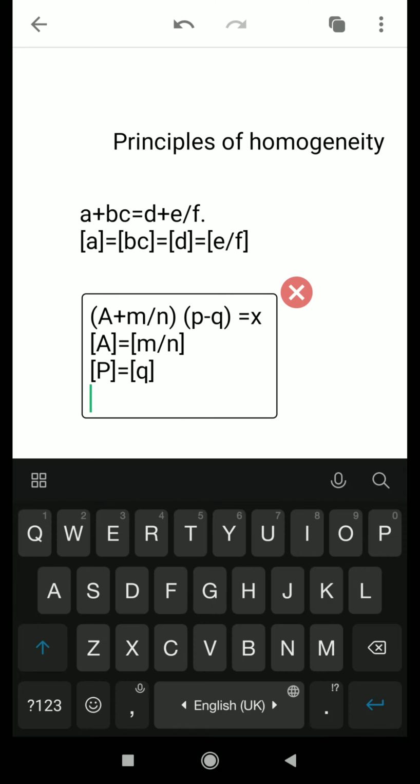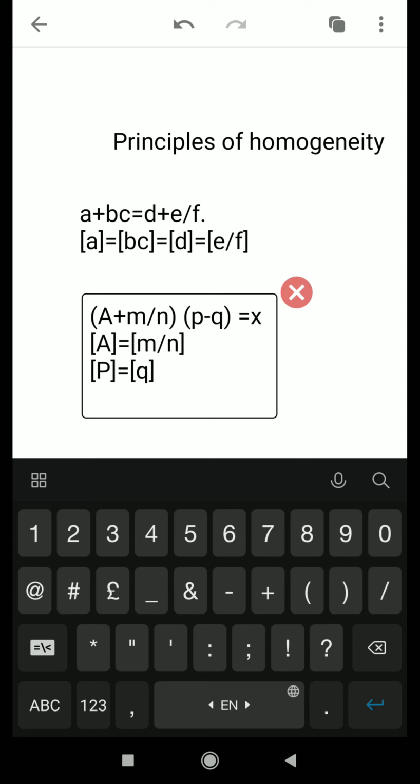You can also multiply out what you have got: AP plus MP by N minus AQ minus MQ by N equal to X. So the dimensions of X equal each of them.